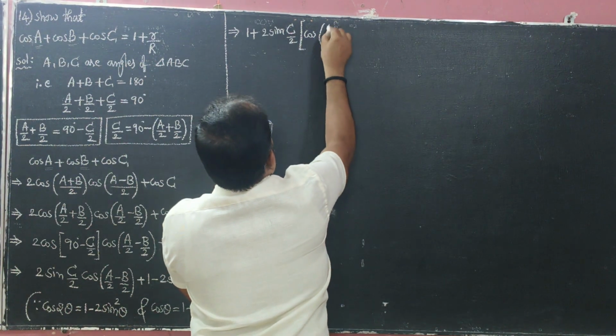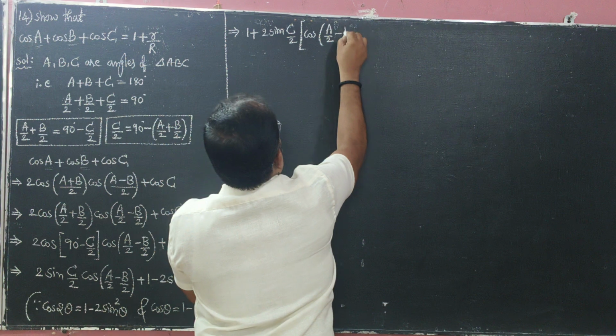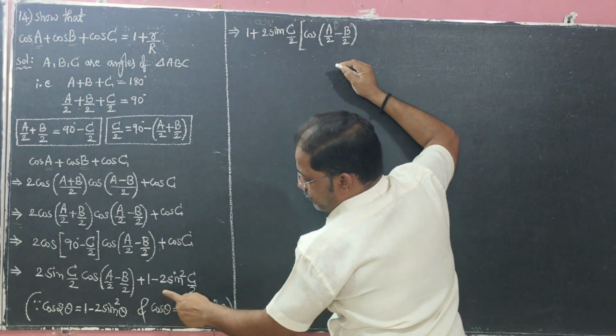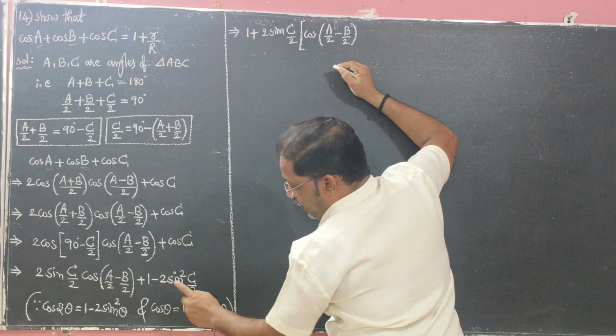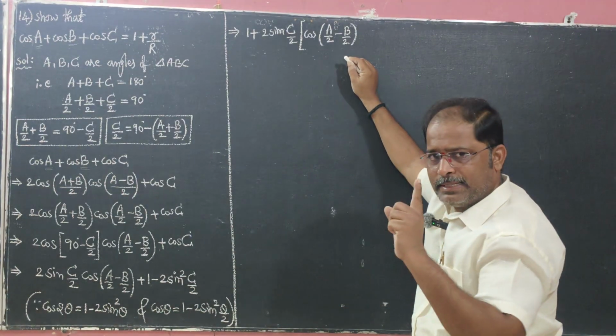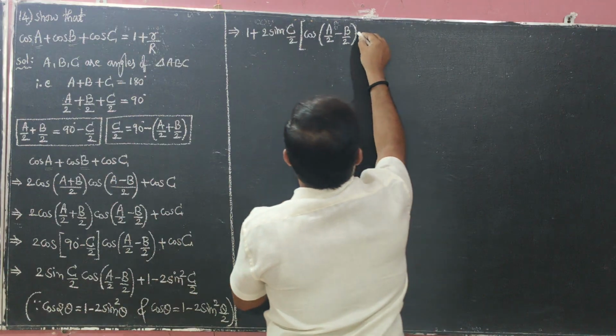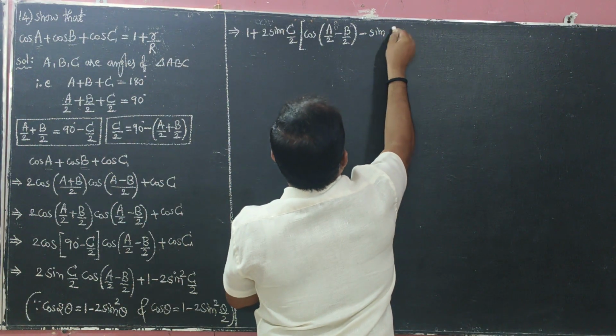That one is completed. From the other, 2 sin C by 2 is common, but since it is squared, one more remains, so minus sin C by 2.